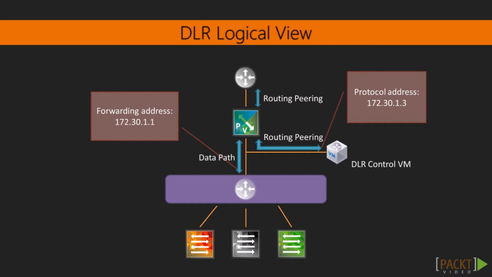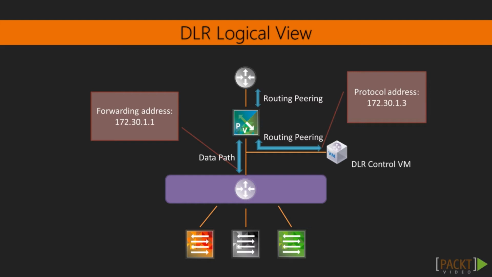And the edge is not able to peer with a distributed system. That's what we have the DLR control VM for. And the DLR control VM has a protocol address, and that VM exists only once. So the DLR control VM is used by the edge for the routing peering, like a dynamic routing protocol, like OSPF, for example. And the edge on its own in the north-south route peers against the physical router.